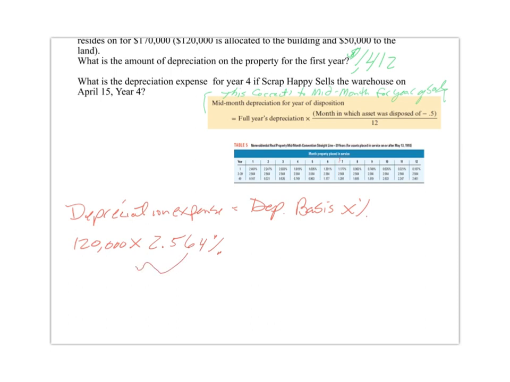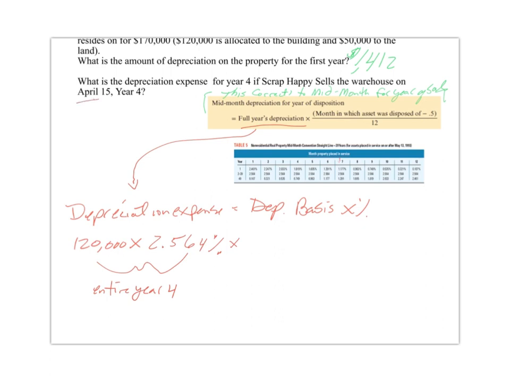So this is the entire year 4. But remember, they sell it in April, so we have to do this correction. This right here is that full year depreciation. Now we need to multiply this by the month in which the asset was disposed of minus 0.5. When did we dispose of that asset?